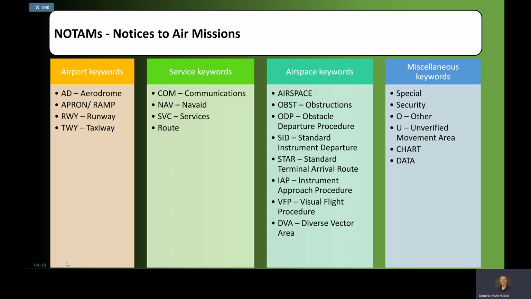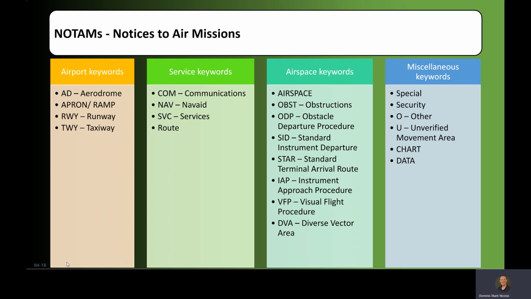So let's talk about flight information. In particular, I want to concentrate on notices to air missions, NOTAMs, okay? Yep, the name did get changed a little while ago. Notices to air missions is what we are calling them now. Same information.